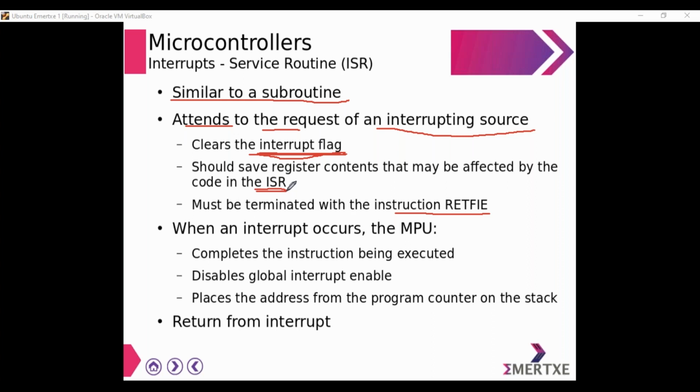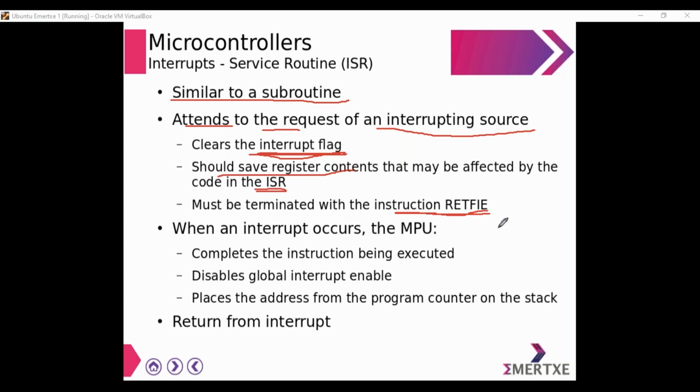So your microcontroller is going to save the contents of the registers which may get affected by the ISR, keeping them as a backup separately. And once the ISR is executed, it comes out of the ISR with the help of a system call instruction called RETFIE, return from interrupt.